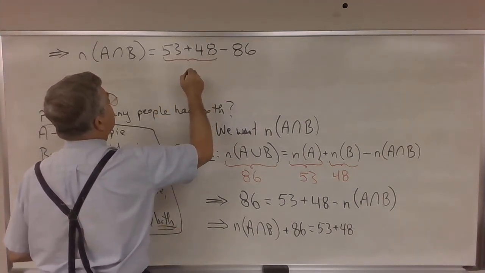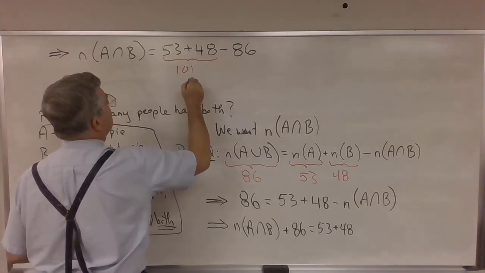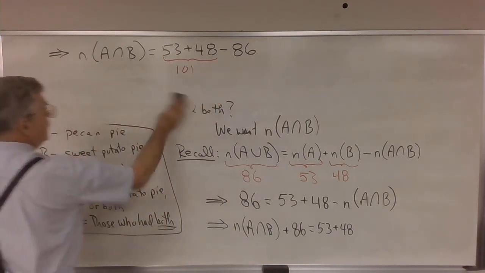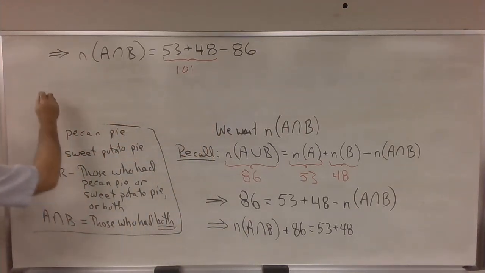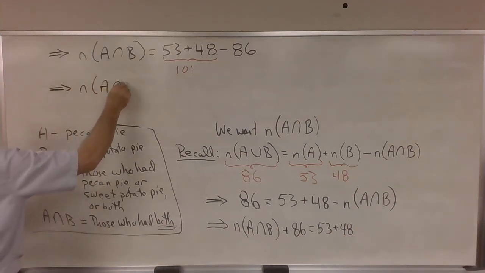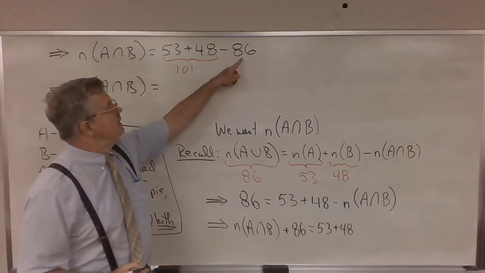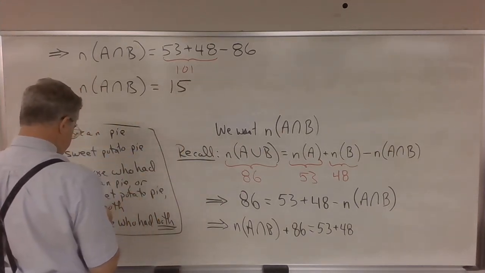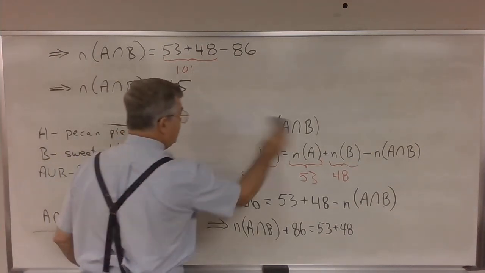Let's see. What is this, 101? So this means that we have the number of people in A and B equals 101 minus 86, so that's 15. And that's what we want.